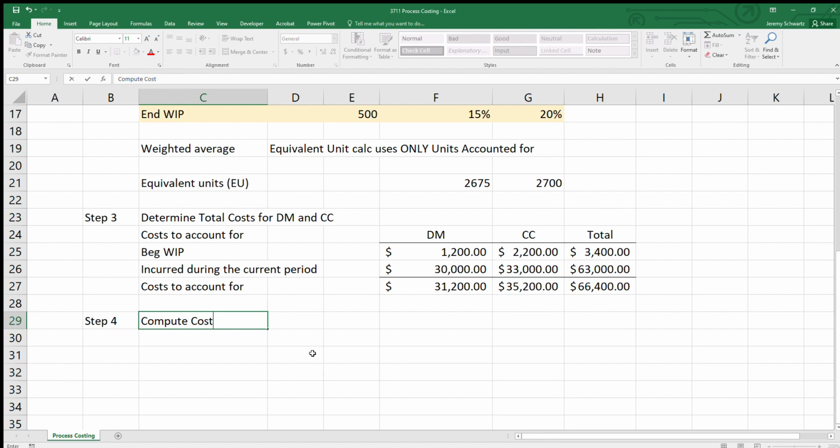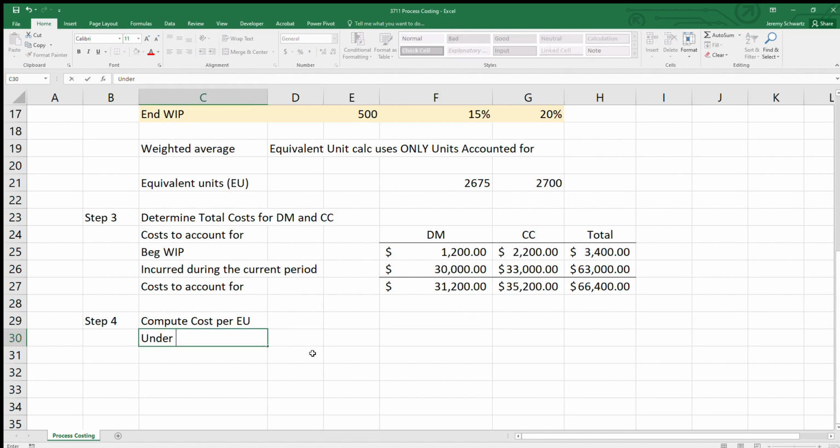cost per equivalent unit. Fortunately, we see that these are in the spreadsheet itself, just above us here. So for our direct materials, here's what we do under the weighted average approach. And maybe I will make this note in here.